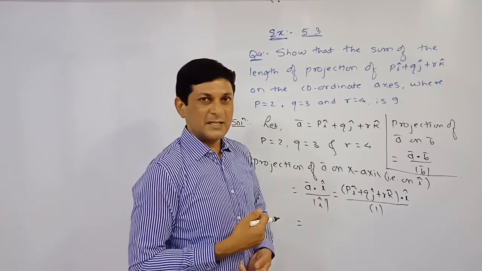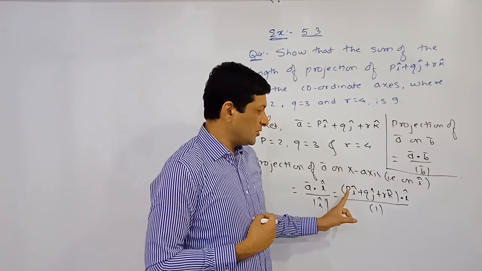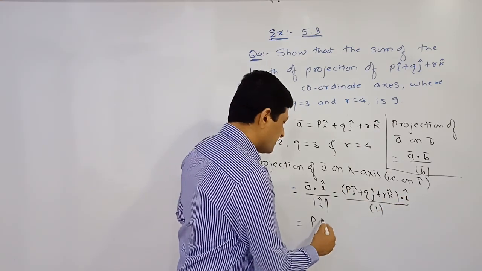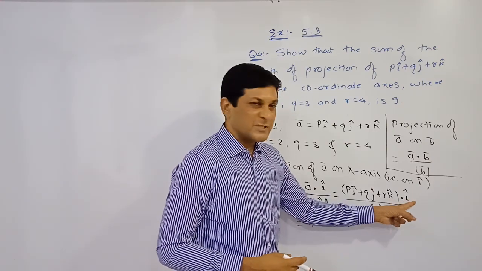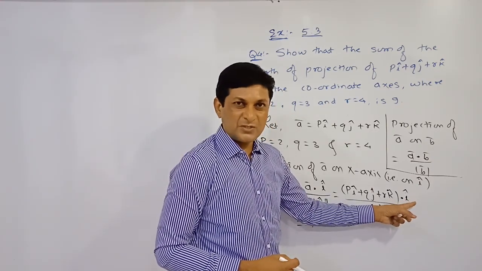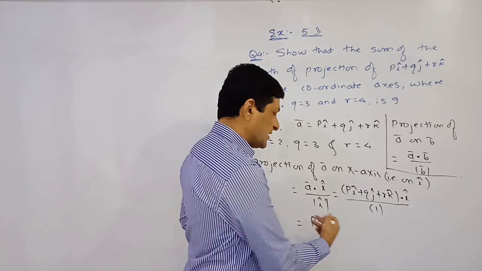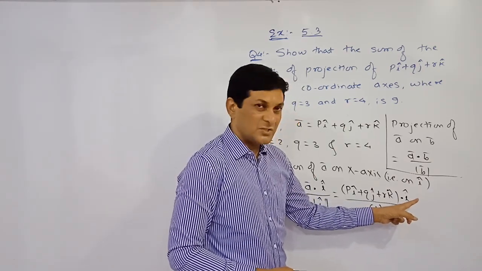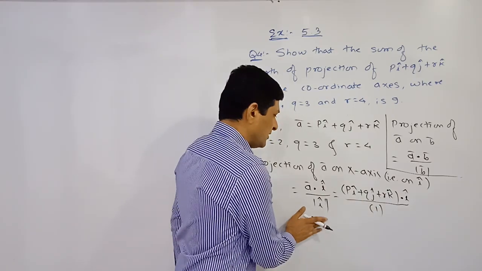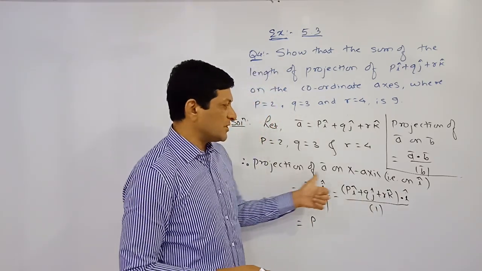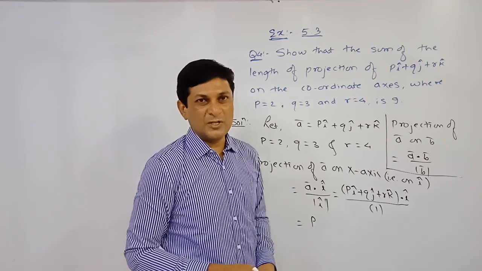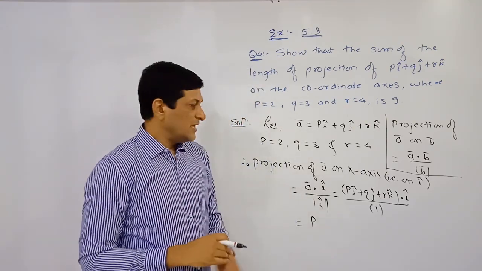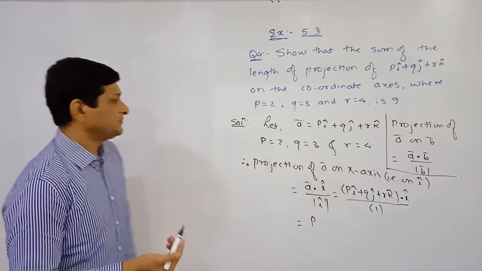If two vectors are in Cartesian form, first take the product of the coefficients of I cap, that is p into 1 equals p, plus here the term of j cap is missing, so its coefficient is 0. 0 into q equals 0, and the term of k cap is also missing, so its coefficient is 0. 0 into r equals 0. Means simply what result are we getting? Projection of A bar on the x-axis will be equal to P.